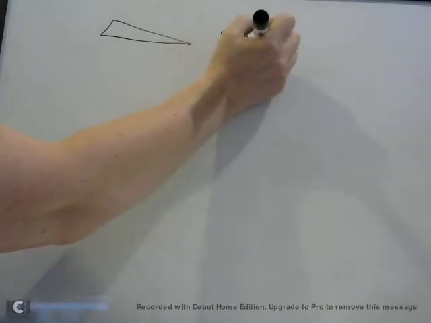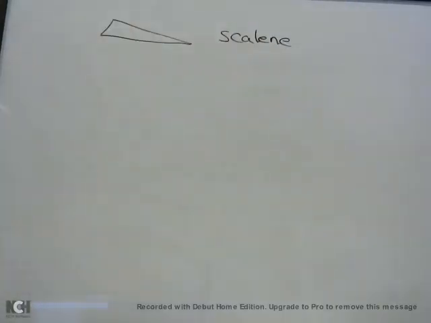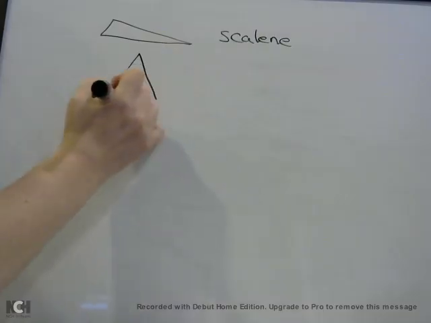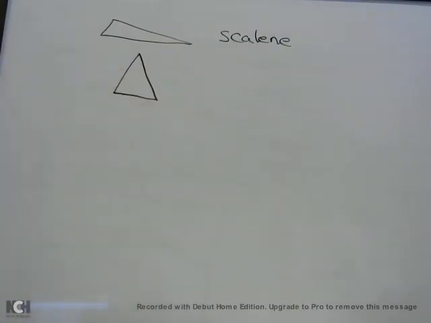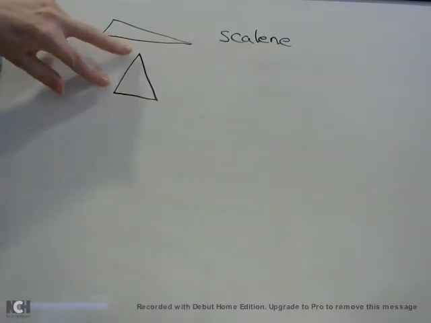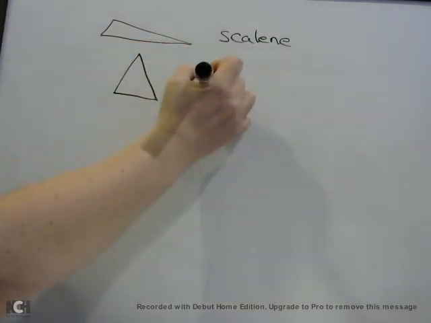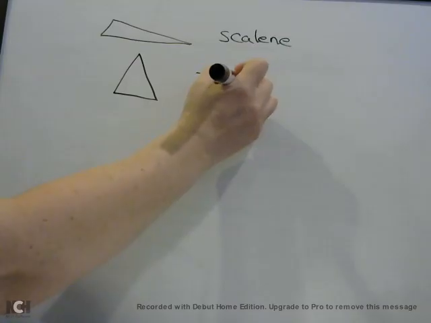This is called a scalene triangle. All the lengths of the sides are different. If you have a triangle in which two of the sides are the same length, so the length of that is the same as the length of that, this is called an isosceles triangle.